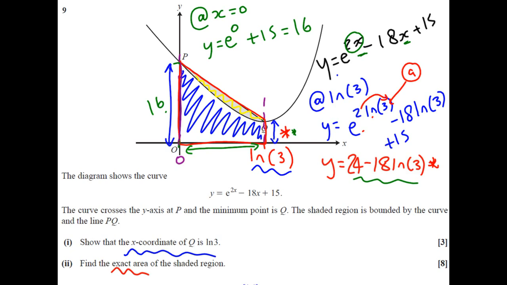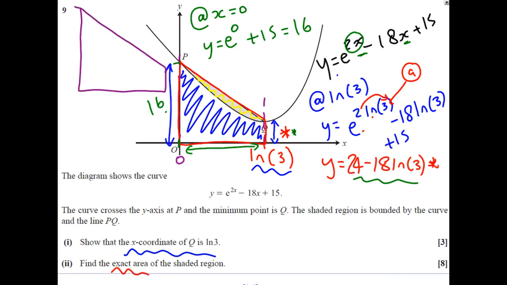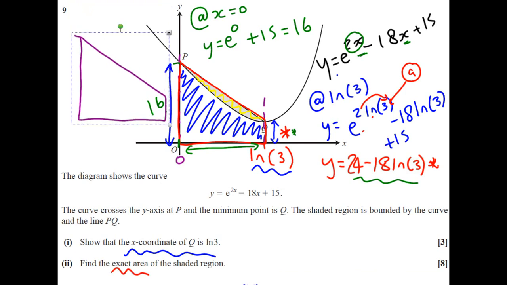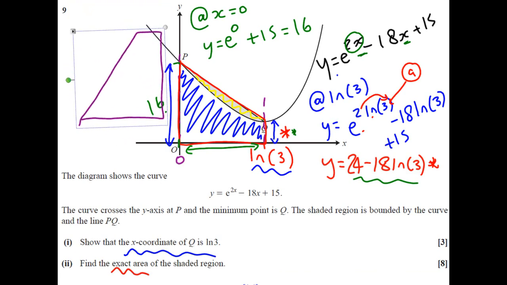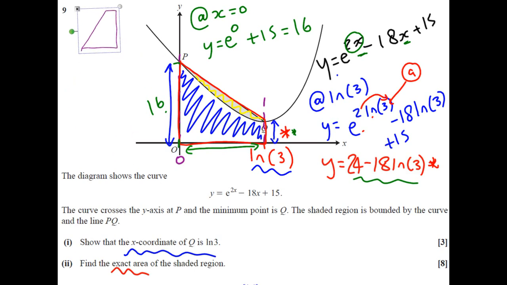Now, confused about why I'm calling it trapezium, it is a trapezium on its side. So let's just turn it around so you can see what's going on with that. Okay, I'm going to shrink it down because we are quite short on space. So we've got 16 here, we've got ln 3 here, and we've got 24 minus 18 ln 3 here.